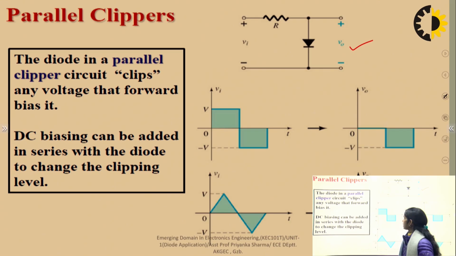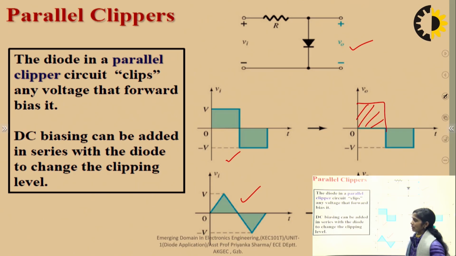Again, if we give different signals, either a square wave or triangular wave, we can clip the positive cycle as well as the negative cycle. If we clip the positive cycle, it is called a positive clipper, and if we clip the negative cycle, it is called a negative clipper. So this is the basic circuit of the parallel clipper.